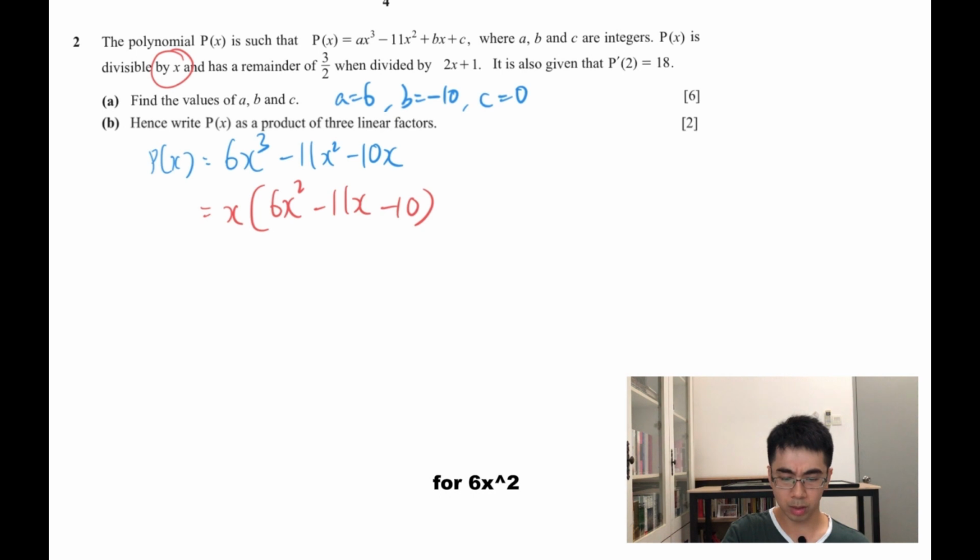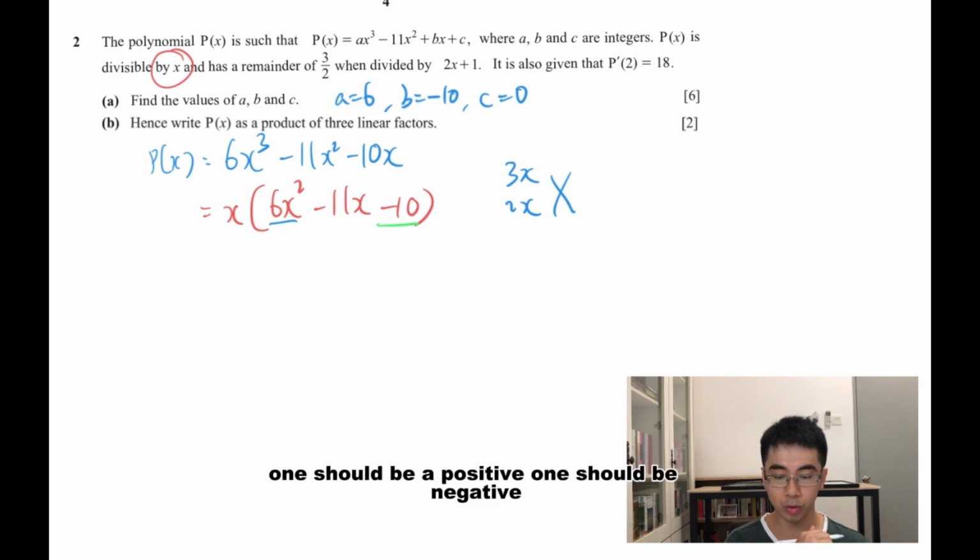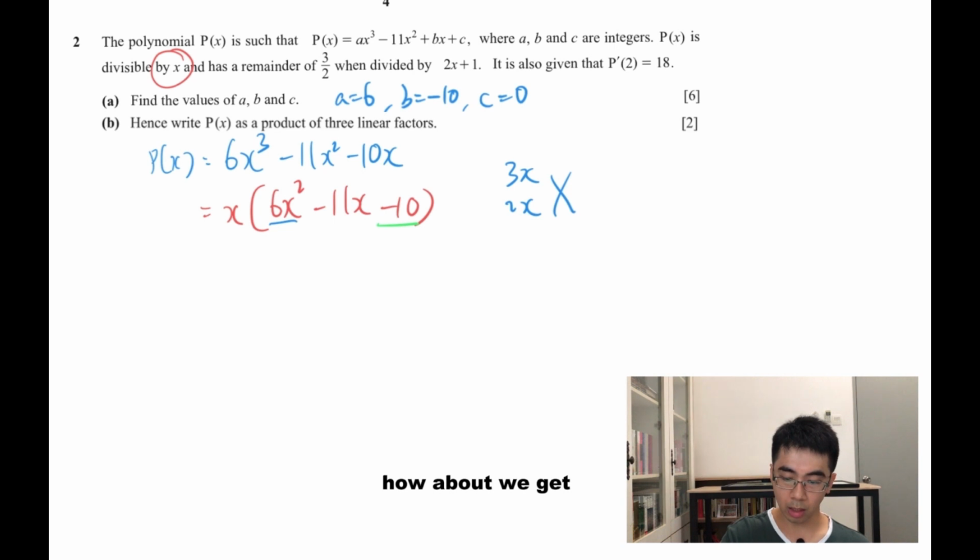And here should be for 6, so we think about 3x times 2x maybe. And then for negative 10, it should be a positive times negative. So maybe we get 5 times 2, and then one should be positive, one should be negative. And here, how about we get 5, 2. Yeah, should be here 5 and here 2.